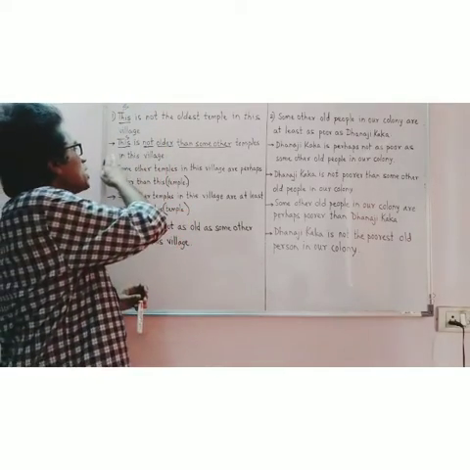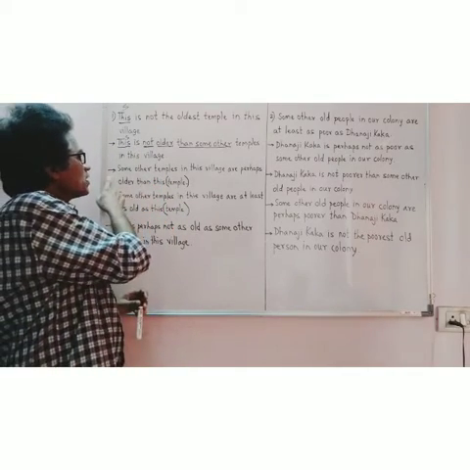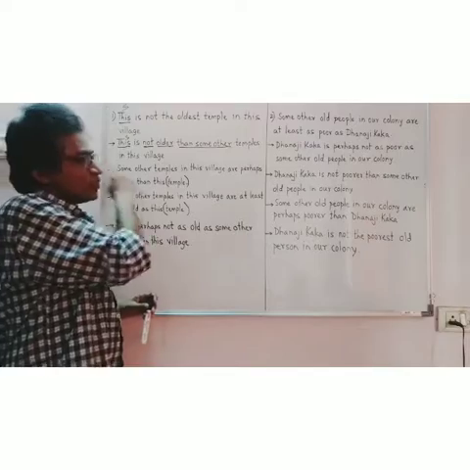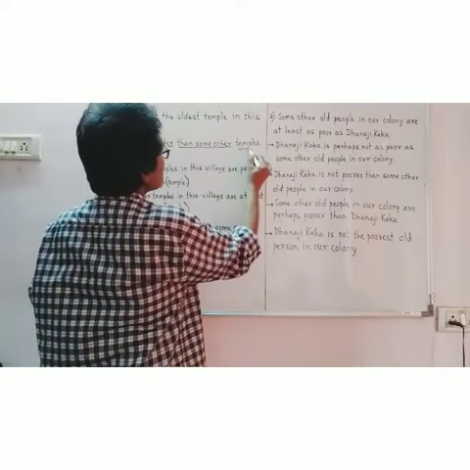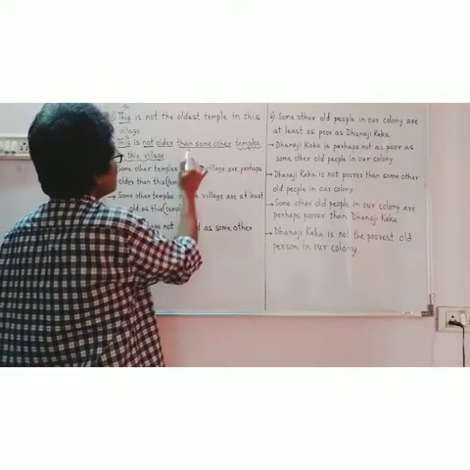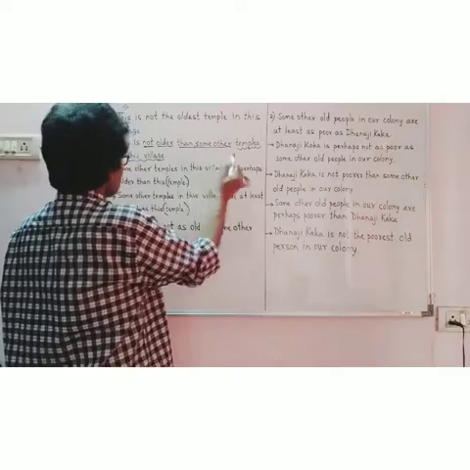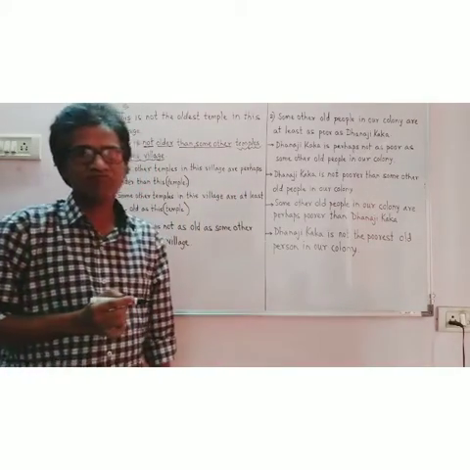Now this is one comparative degree form. There's the other. In this, the object begins like here. Some other temples in this village.